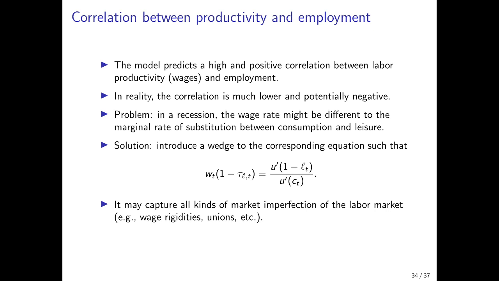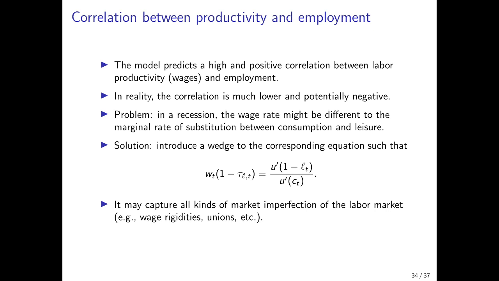Now, a solution to this would be to introduce a wedge between the two, so that particularly in recessions, the wage rate and the marginal rate of substitution between leisure and consumption would not be equal to each other. So this wedge is here represented by tau LT, and this could capture all kinds of labor market imperfections.